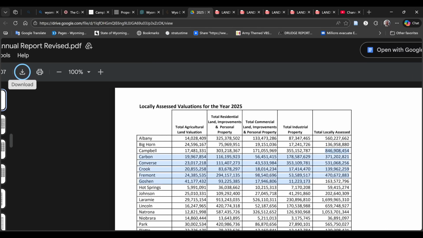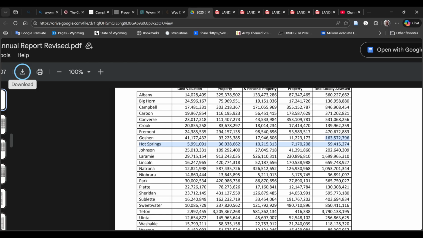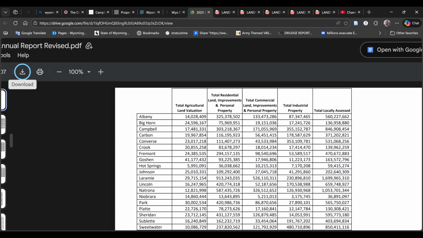This is Campbell. Let's go up a little bit, and we're looking at total residential land and improvement for personal property, and here it is. It's about $303 million, right? And that $303 million is part of the grand total of assessed valuation.